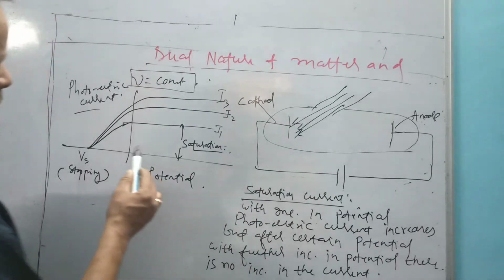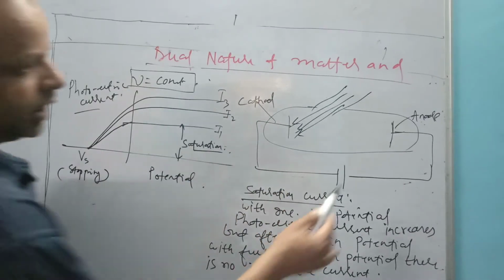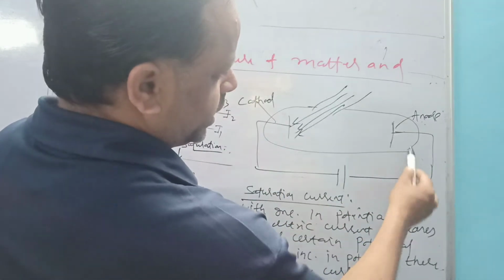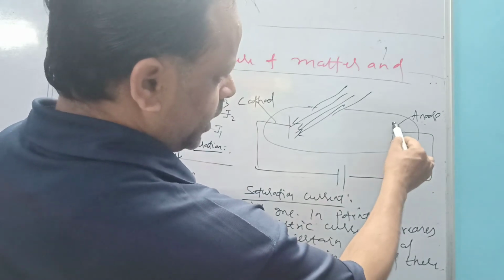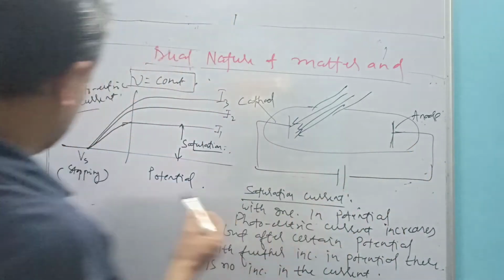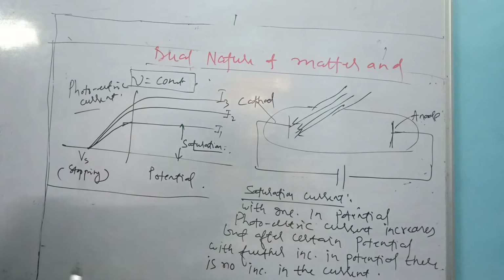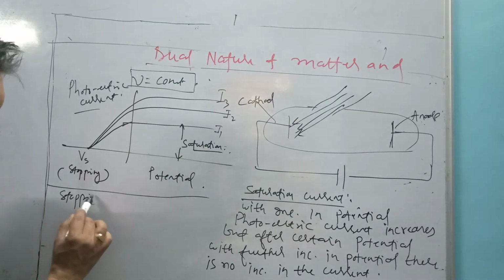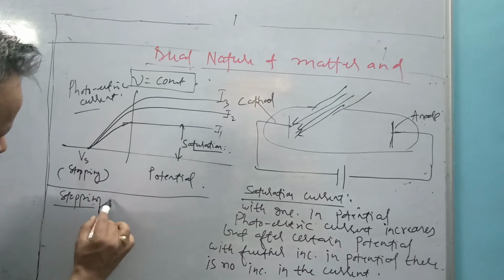Now see what has happened is that suppose we connected it with a certain negative terminal and reduced its positiveness, the current got stopped. That is basically called the stopping potential. We'll define it. What is that?